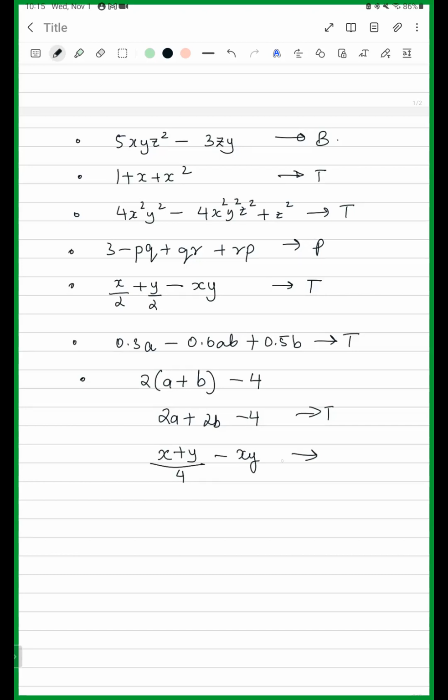No, this is a trinomial, because you will do the same thing which we did over here. We will just separate the x and the y. x by 4 plus y by 4 minus xy. So this is a trinomial.